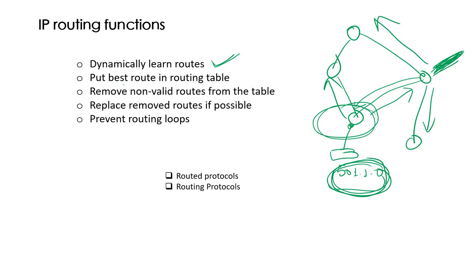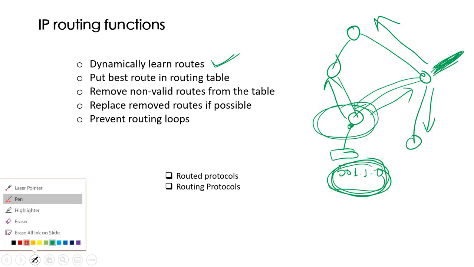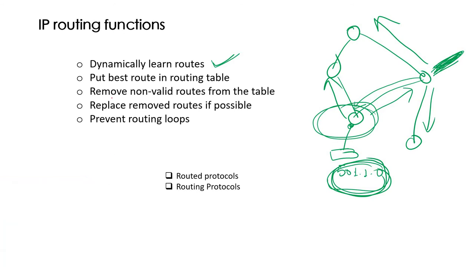The next thing is to put the best route in the routing table. This is another important function, because whenever we run a routing protocol, it collects all routes to the destination.